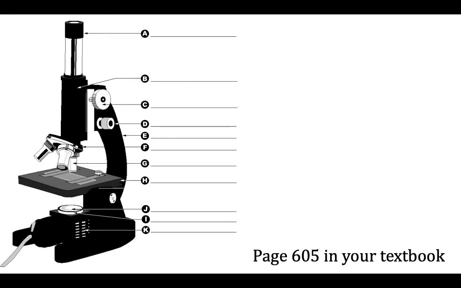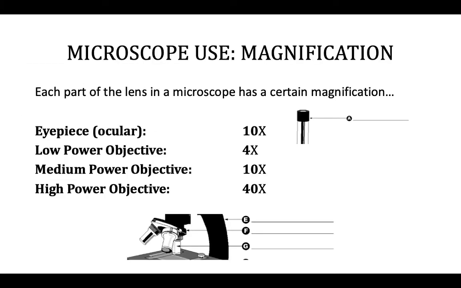The microscope allows us to see things that are very, very small because you're zooming in. But to what degree? We can calculate that based off of the information that we have about the microscope. This is what we call magnification, right? If you're looking at something that's very, very small, you're zooming in, you're magnifying it. Every part of the microscope has a different level of magnification.